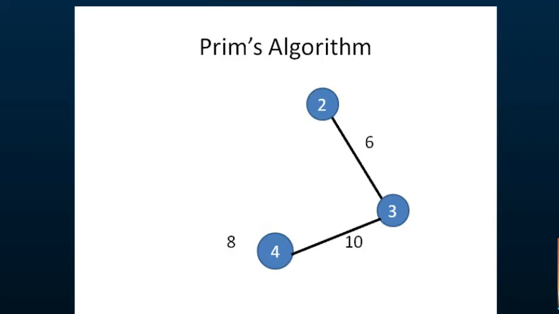Okay. After this second step, we have 3 nodes now. Among the 3 nodes, in the third step we take the least arc, which in my example is arc 4-5, whose weight is 8.